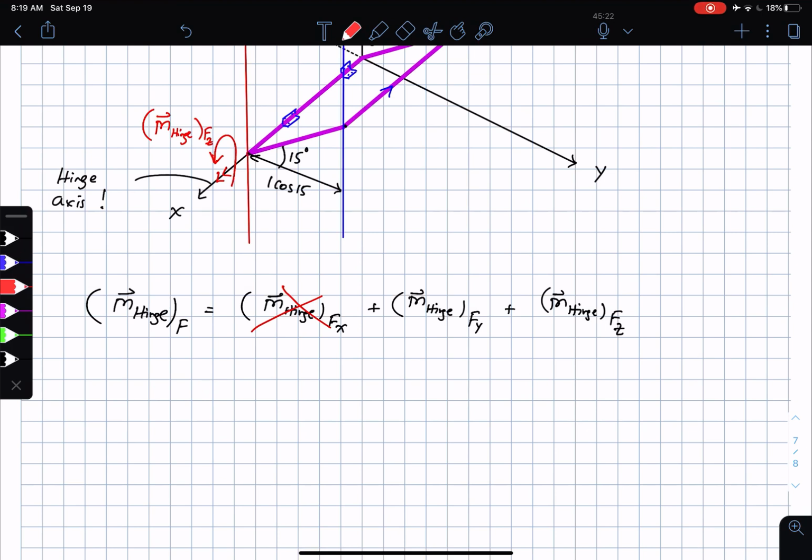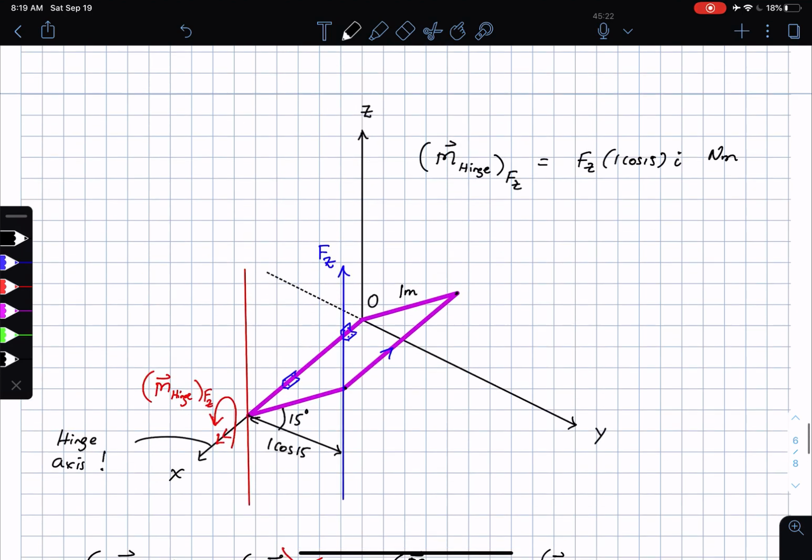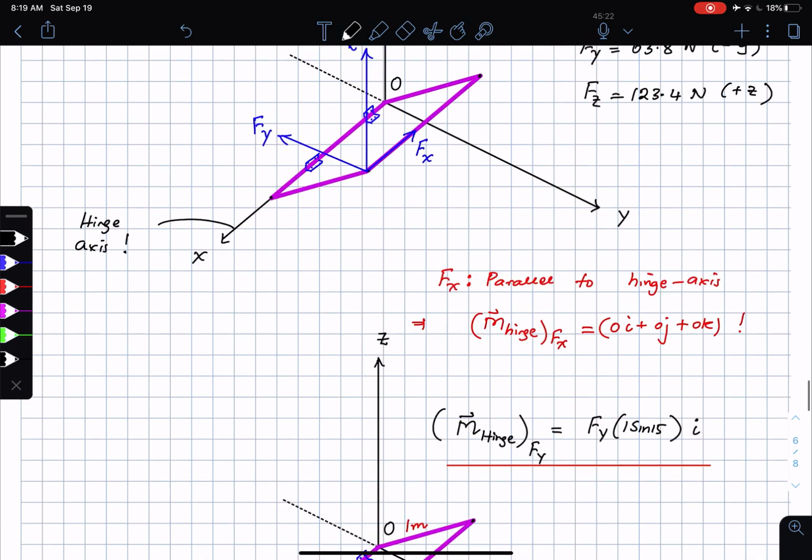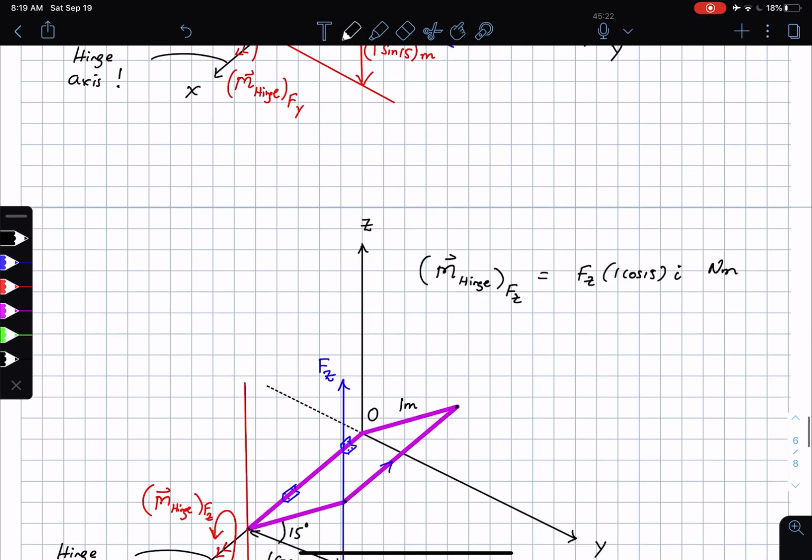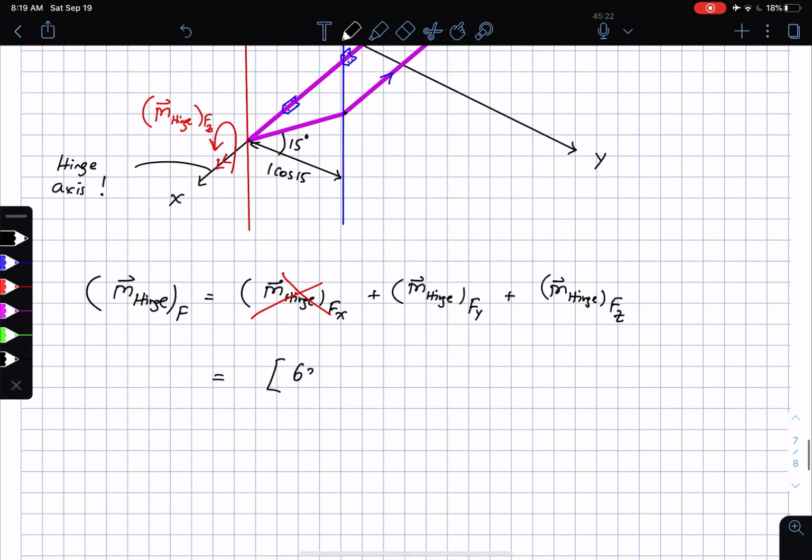Let me go back to my darker color. So Fy times sine 15 was what we had, and Fy, if you look at the value, was 63.8. So this is going to be 63.8 times 1 sine 15 in the i direction, and then the other one is going to be 123.4 times 1 cosine 15 in the i direction as well.